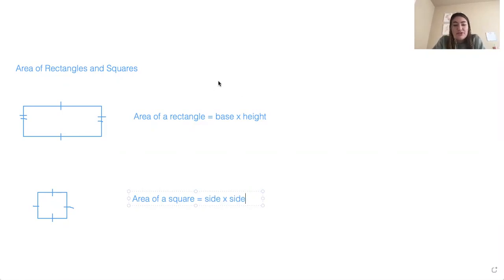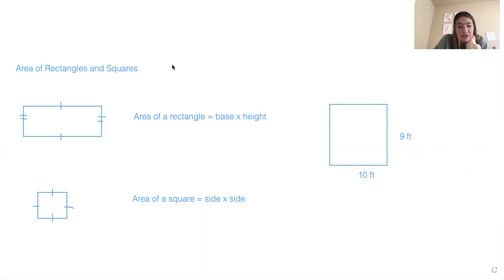Okay, so let's do a few examples to put this to the test. If there's a rectangle with side 9 feet and this side 10 feet, how do we solve this?